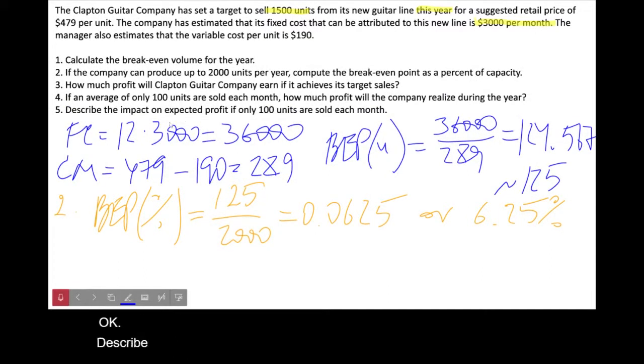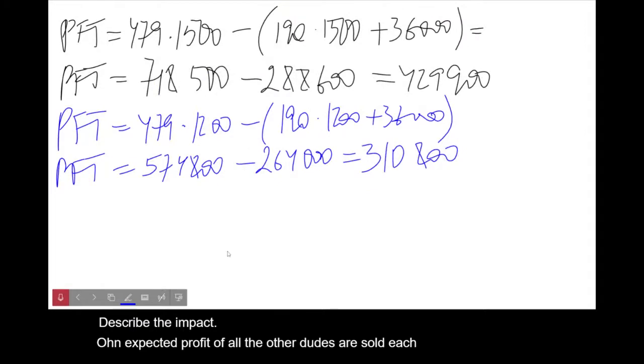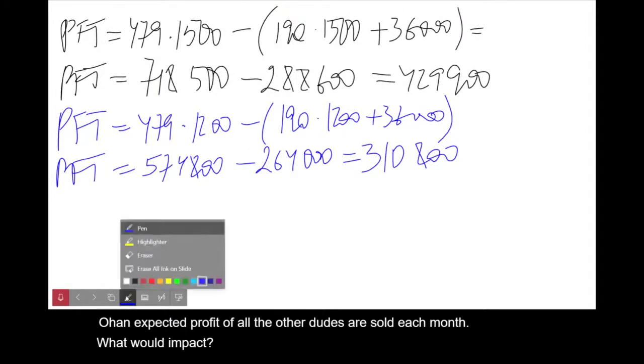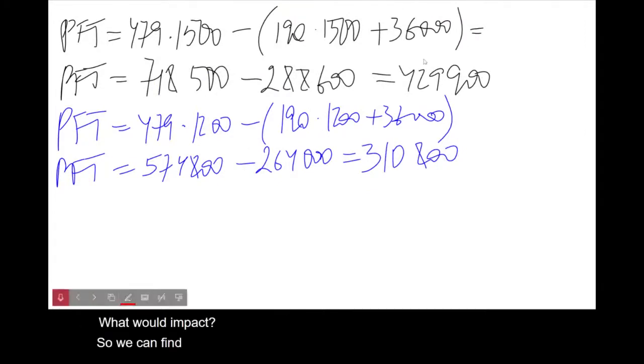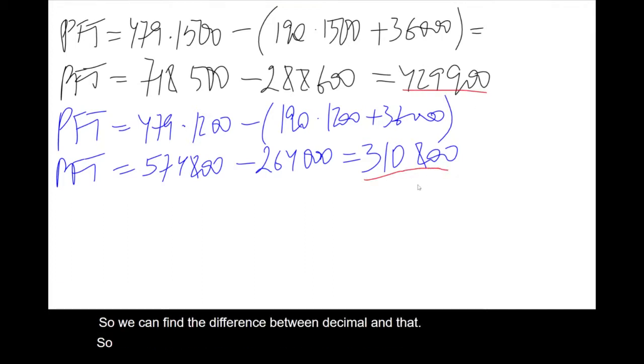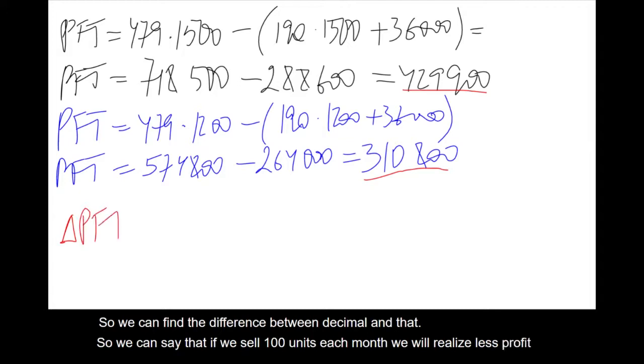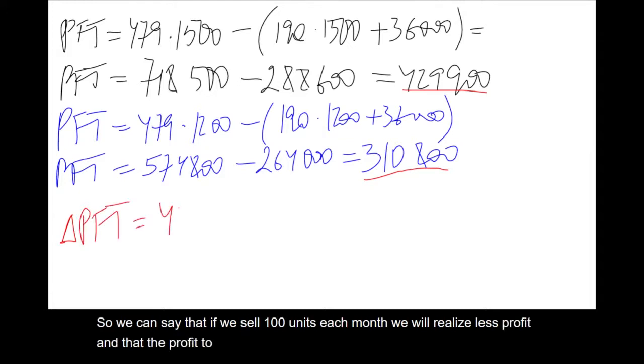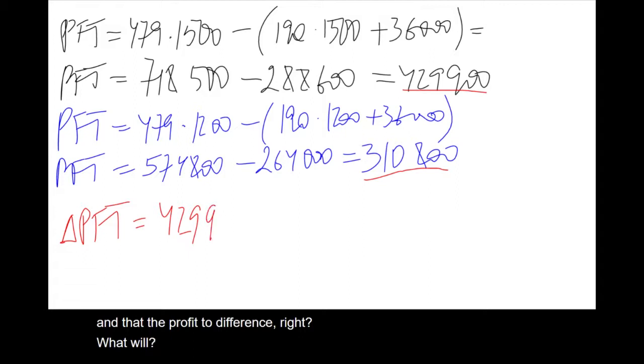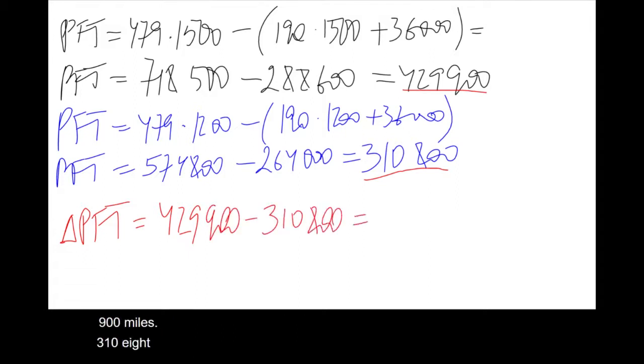Describe the impact on expected profit if only 100 units are sold each month. Okay, so what impact? We can find the difference between this amount and that amount. If we sell 100 units each month, we will realize less profit, and delta profit is the difference, right? 429,900 minus 310,800.